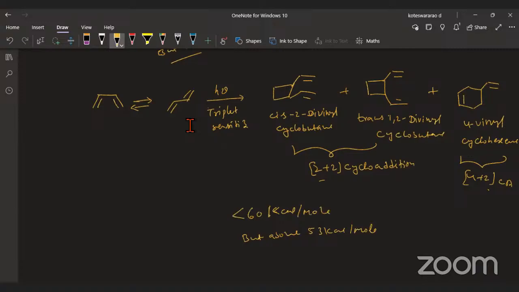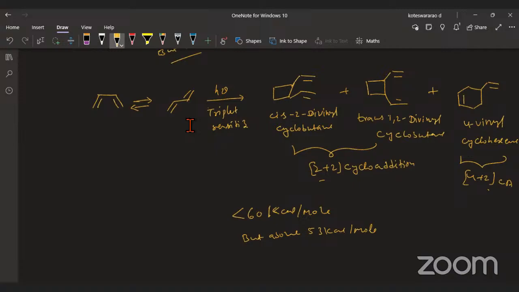the percentage of 4-vinylcyclohexene product yield will increase at the expense of the divinylcyclobutane product. Whatever cis and trans products are there will be consumed.